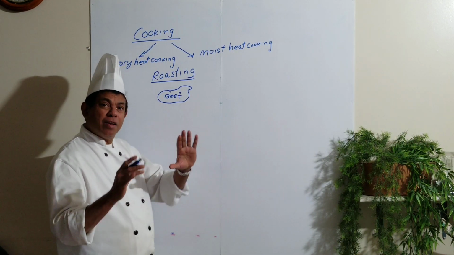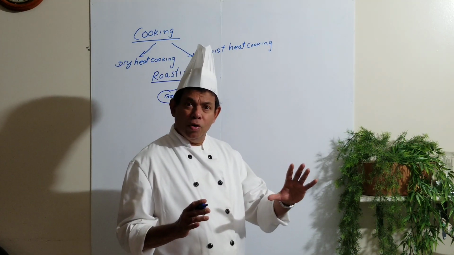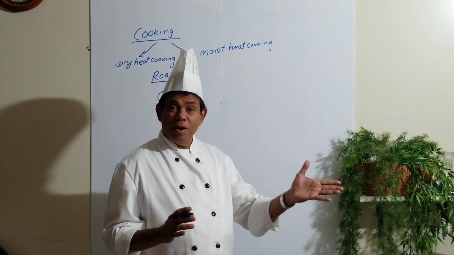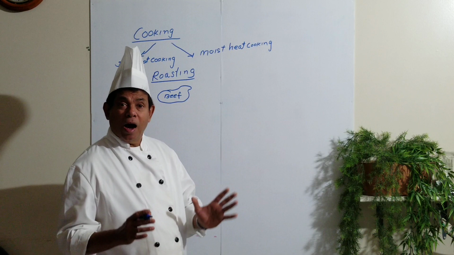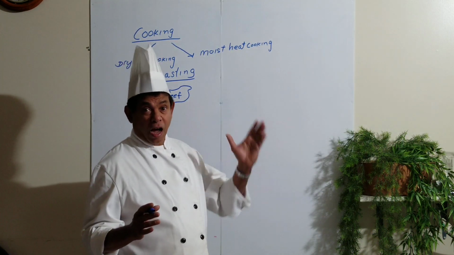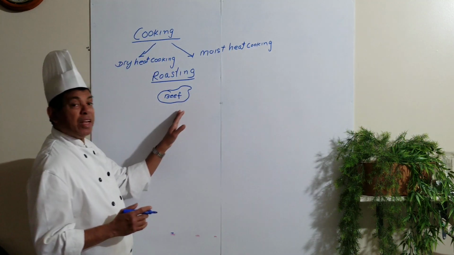I'm going to explain the basic theory, how you prepare and how you do your roasting in the kitchen, in the hotel, restaurant or home. What is the knowledge you must have to do dry heat cooking, roasting. So take the meat first.